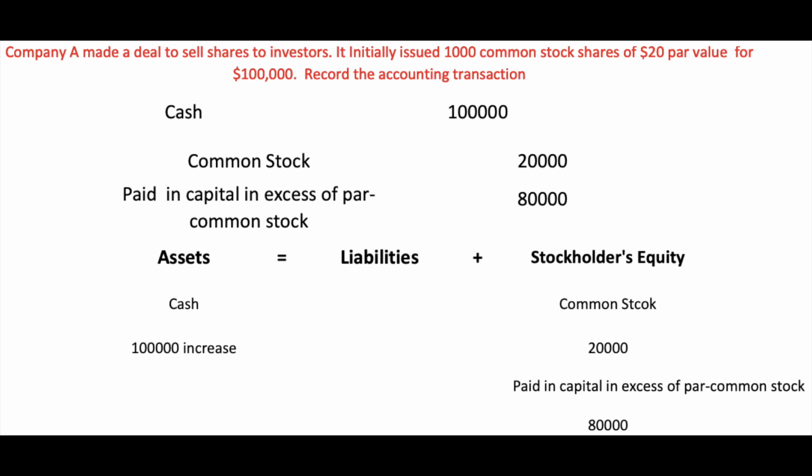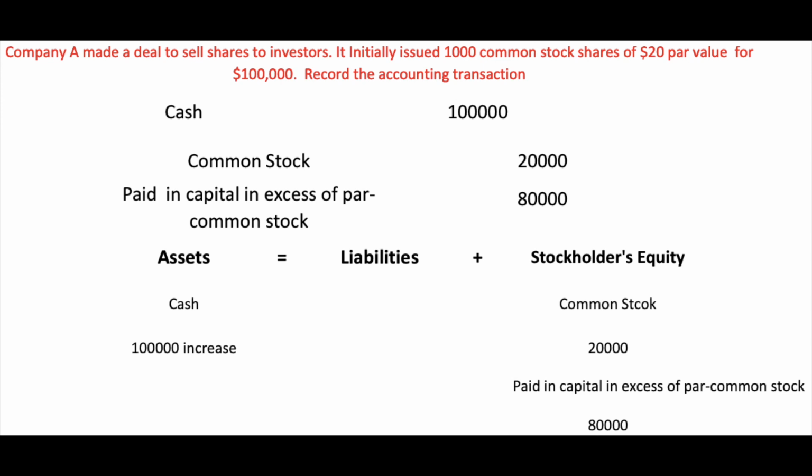Company A made a deal to sell shares to investors. It initially issued 1,000 common stock shares of $20 par value for $100,000. Record the accounting transaction. Debit cash for $100,000 and credit common stock for $20,000 and paid in capital in excess of par, common stock for $80,000.